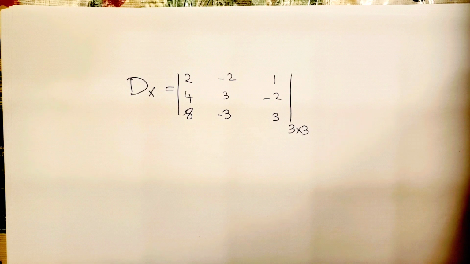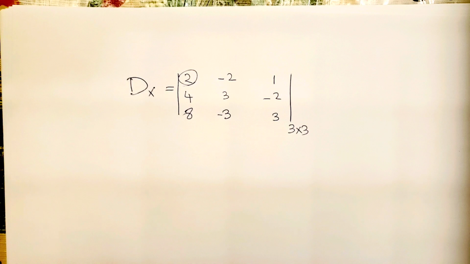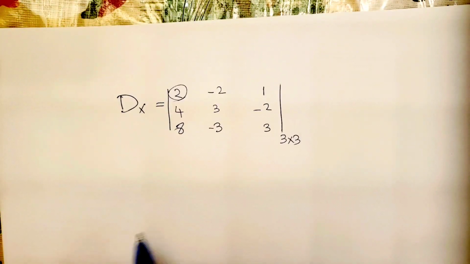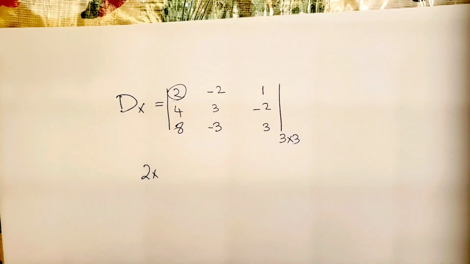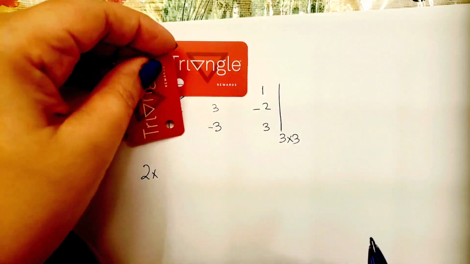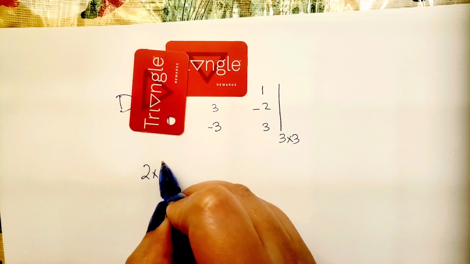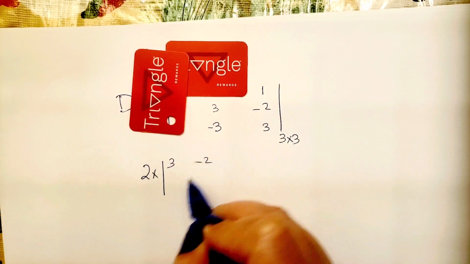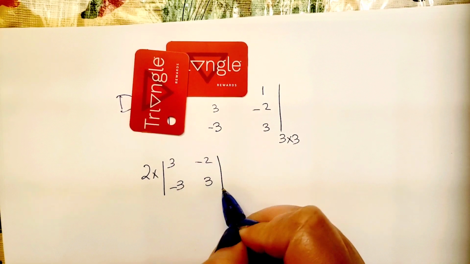Okay, so once more, if we want to calculate it, the main number is 2. 2 times, okay, so let's see here, this one would be eliminated, this one would be eliminated, then I will be left with 3, -2, -3, and 3.